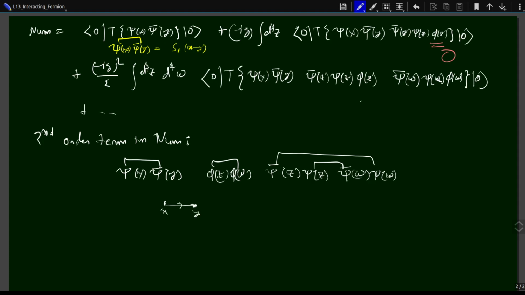If this is the convention used, then this is the guy, and then here is my z, and here is my w. Then z and w are connected by this scalar, and then there is a fermionic line from z to w. Okay, this is this guy, and there is another fermionic line from w to z. So there is kind of a fermionic loop.